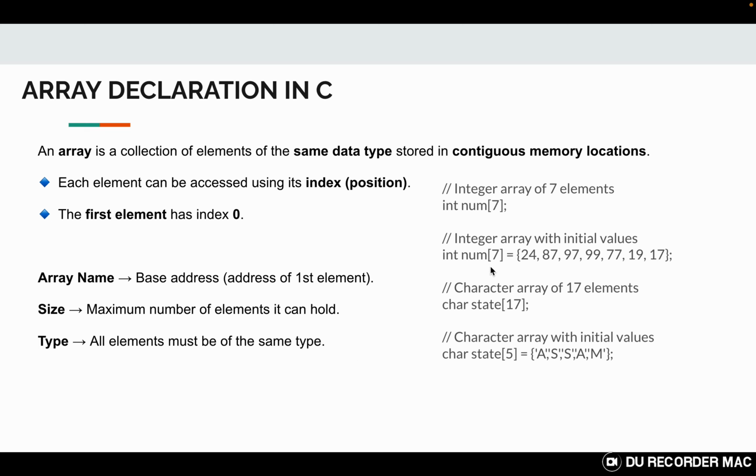Okay, so if you see here, this array is declared as num, and all the elements that this array is holding are of type integer, right? If you see here, we have declared a character array of size 17, and all the elements in this array are characters.